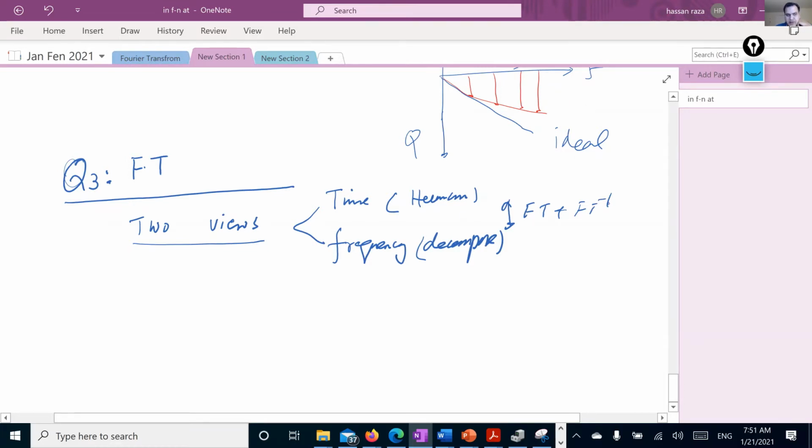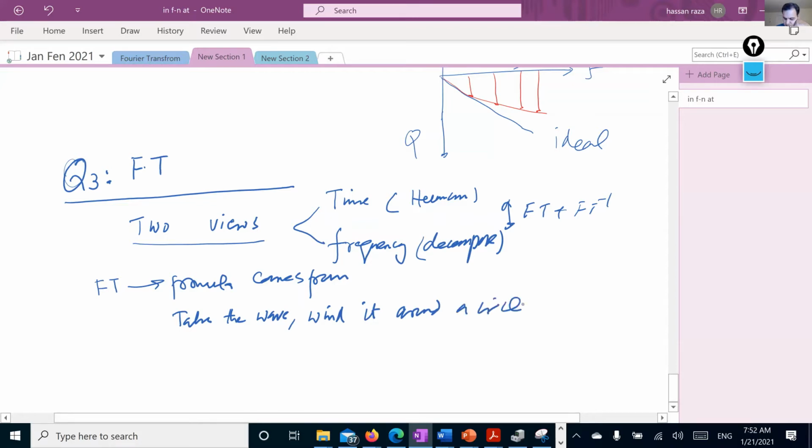Then comes a formula, and I made you understand where the Fourier transform formula comes from. So you would take the wave, wind it around the circle with various winding frequencies, right?